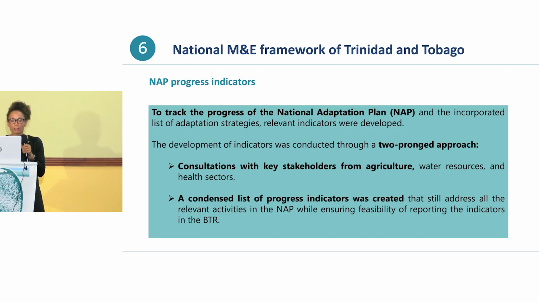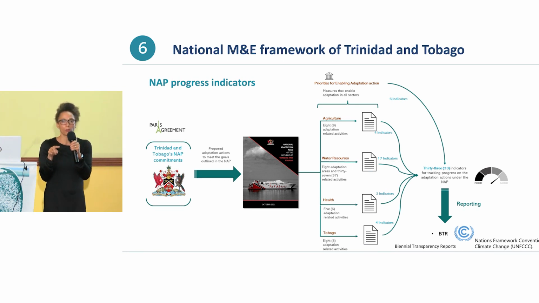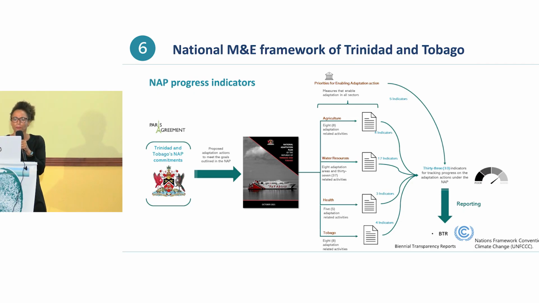So it was consultation with stakeholders, and you were part of it. A condensed list of progress indicators was created. And we're seeing this for the key sectors: agriculture, water resources, health, and then especially for Tobago, where the visit will be, I think, in 1 week's time.